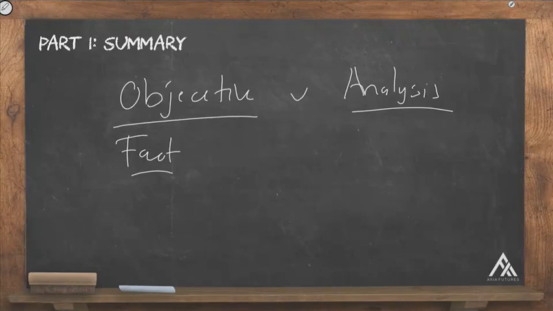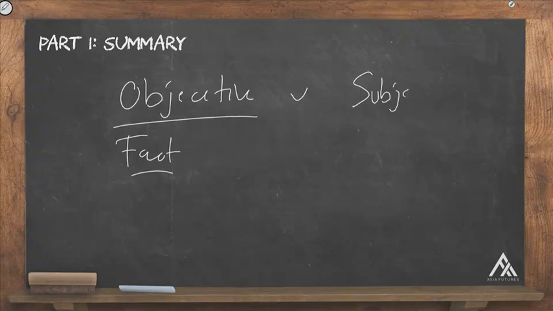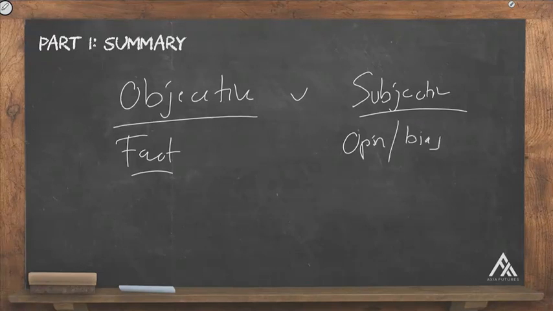It's unbiased, it's unemotional. And we said subjective is very much opinionated, and it's got a bias toward it, and it's feeling and intuition and all these ideas. I like to think of subjective as almost like ideas that we have in our head.